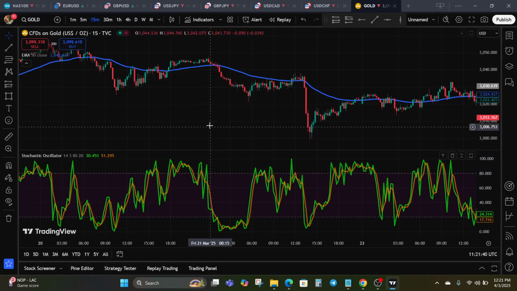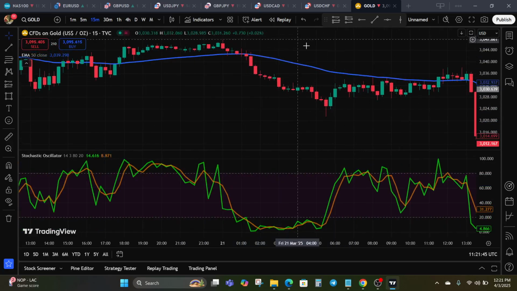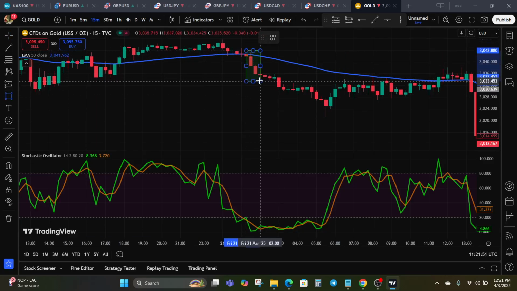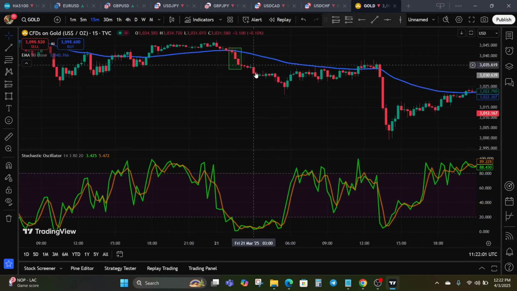So you look out for a bearish candlestick pattern. You can see this three black crows pattern that we had here. This series of three bearish candlesticks came right after the stochastic dropped below the overbought territory, and price was already below the 50 EMA.